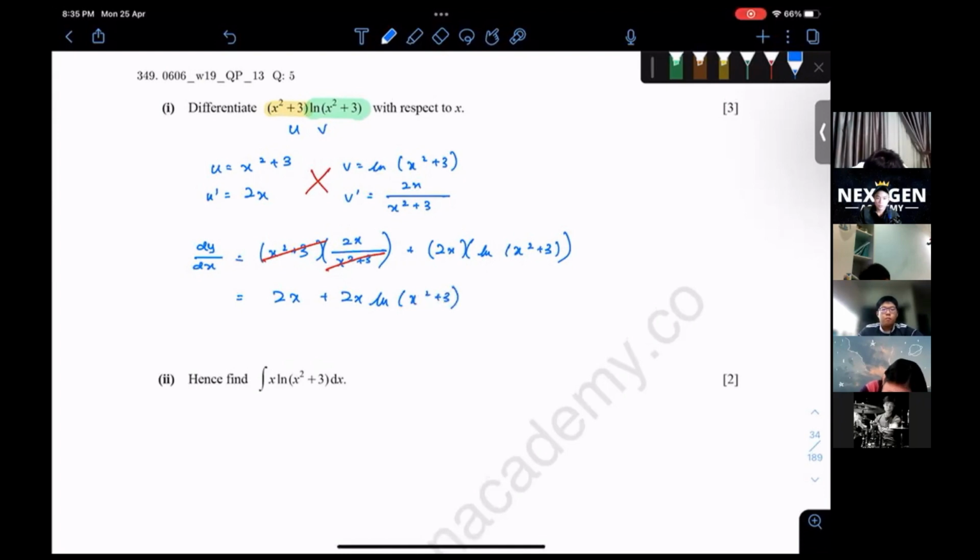Okay, you can compare my answer. In fact, you're right until here also is correct already. Okay, this the second last line.